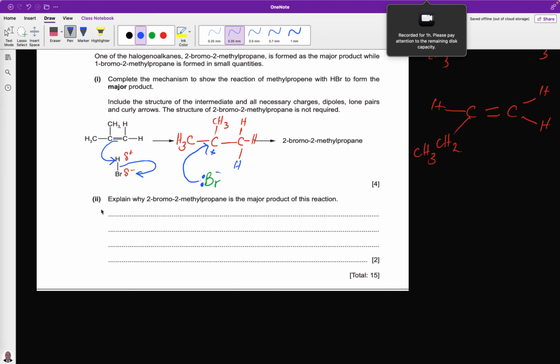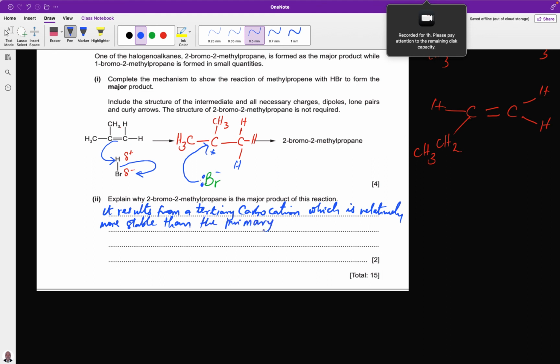It results from a tertiary carbocation, which is relatively more stable than the primary carbocation.